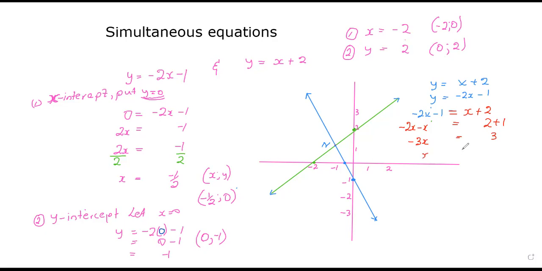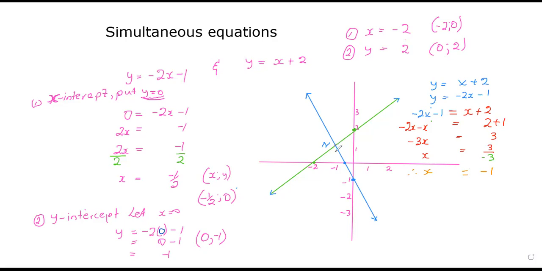Which means x is equal to 3 divided by minus 3, dividing both sides by negative 3, which gives you negative 1. Therefore, x is equal to negative 1.